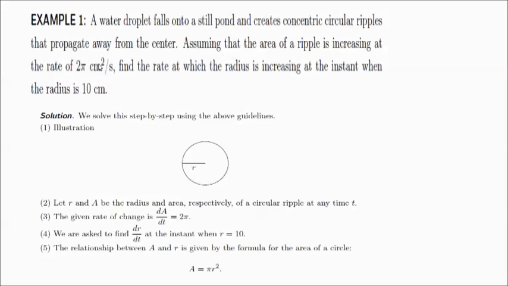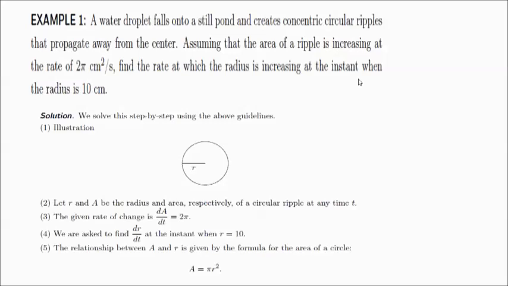So ito yung mga problems involving related rates. In terms of rate siya, in this case, area over time. Okay? So find the rate at which the radius is increasing at the instant when the radius is 10 centimeters.